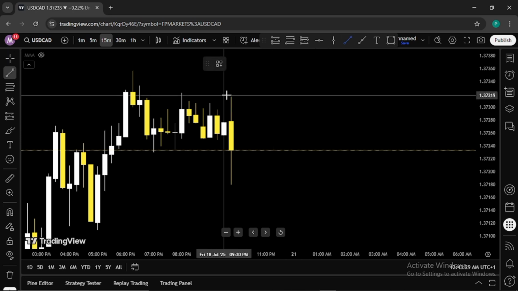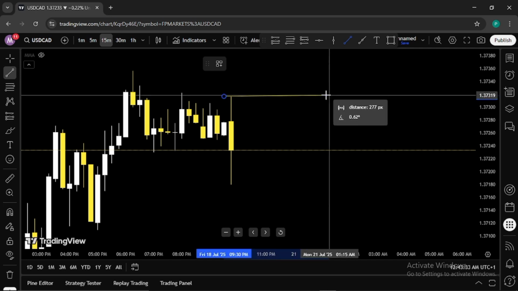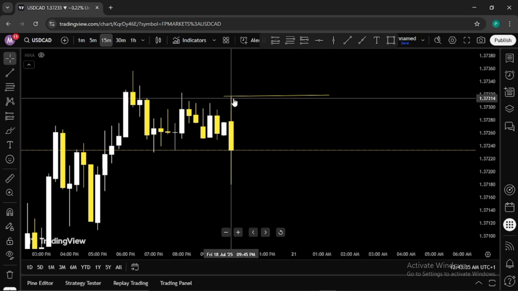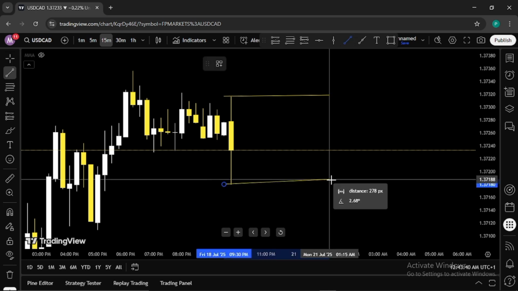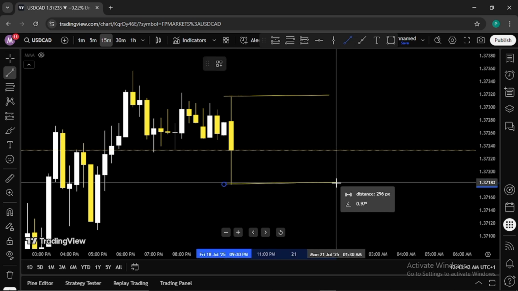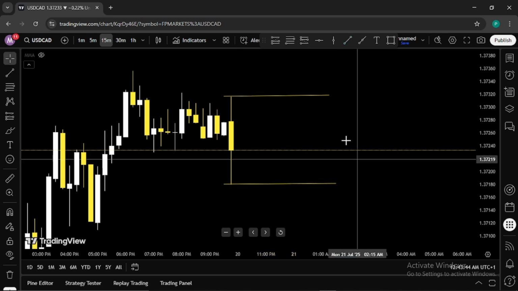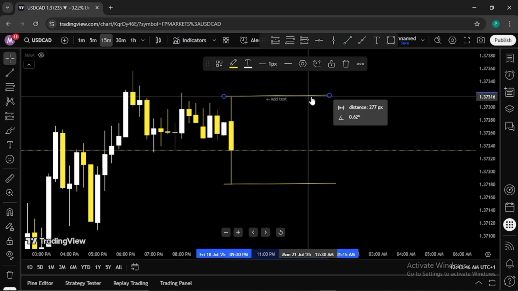Obviously, for those of you who already know this, you could probably skip this part. This is the highest price of this candle, and this is the low of this candle. It's the same thing for bullish and bearish candles.